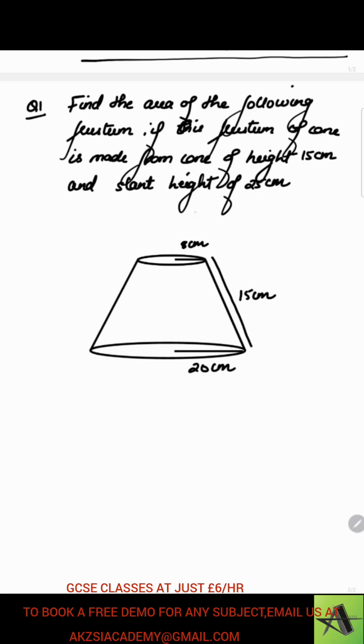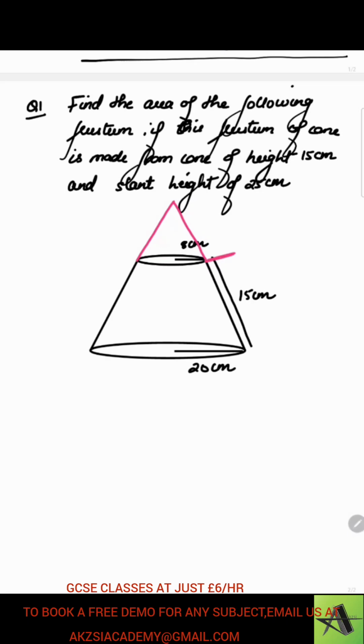That means if I extend it up there like this, there is a cone, and this is made up of, let me just draw it a little properly, like this. So this cone has a complete slant height of 25 centimeters.